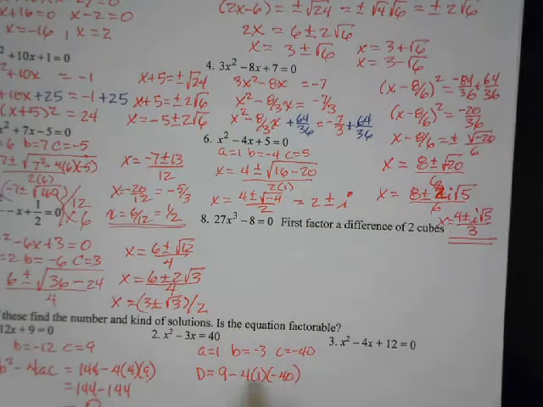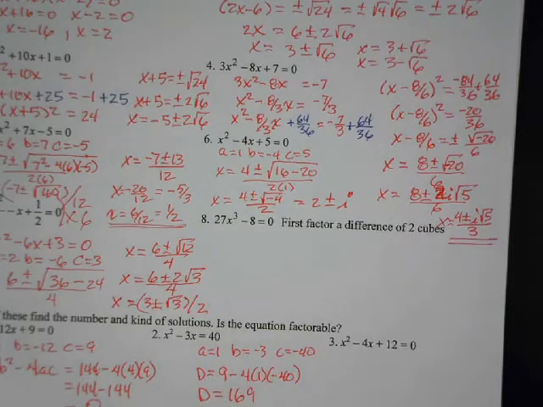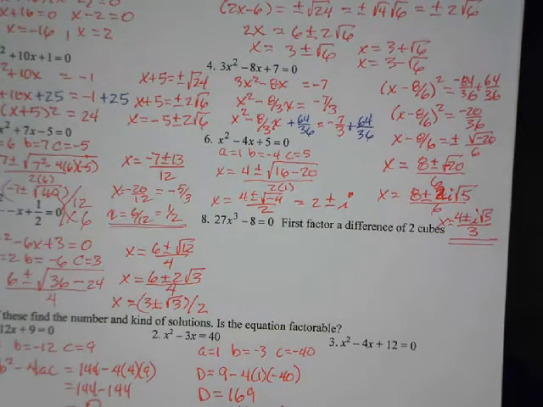We're going to end up with D is 169. That's a square, that's positive, so we have 2 rational solutions. And it's, again, factorable. And by the way, when we say that, we mean no square roots, no i's.